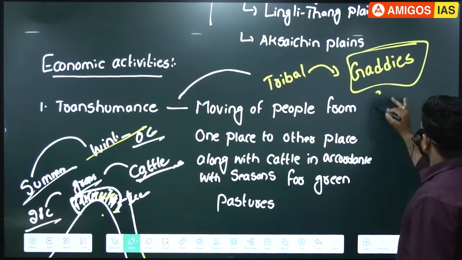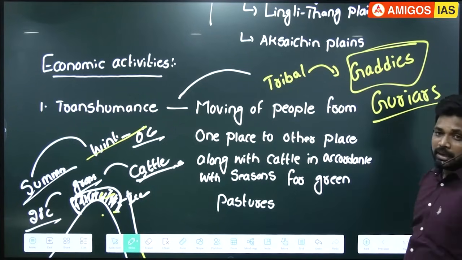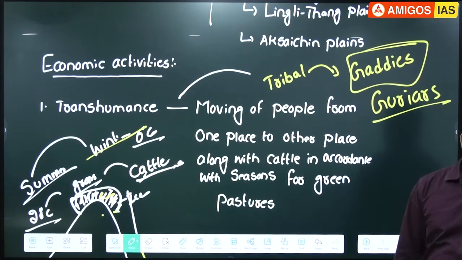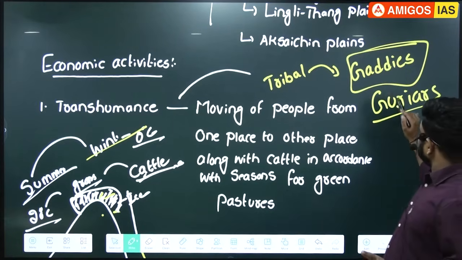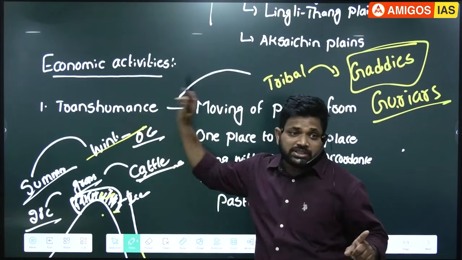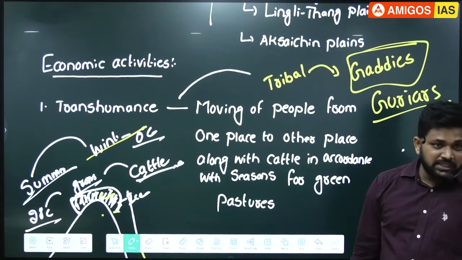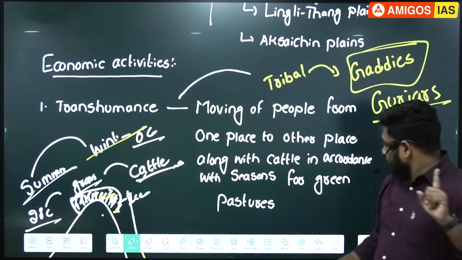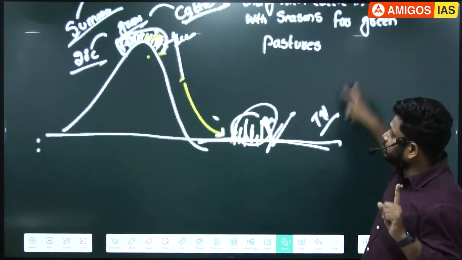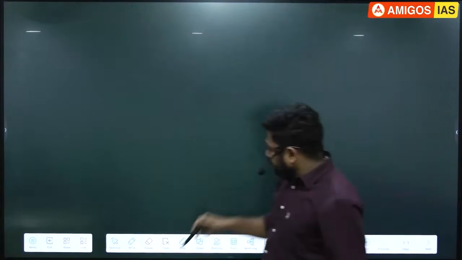Not only the Gaddis, there is one more tribal community called Gurjars. These Gurjars and Gaddis are performing one economic activity which is called transhumance. That is the first economic activity. See the second economic activity.